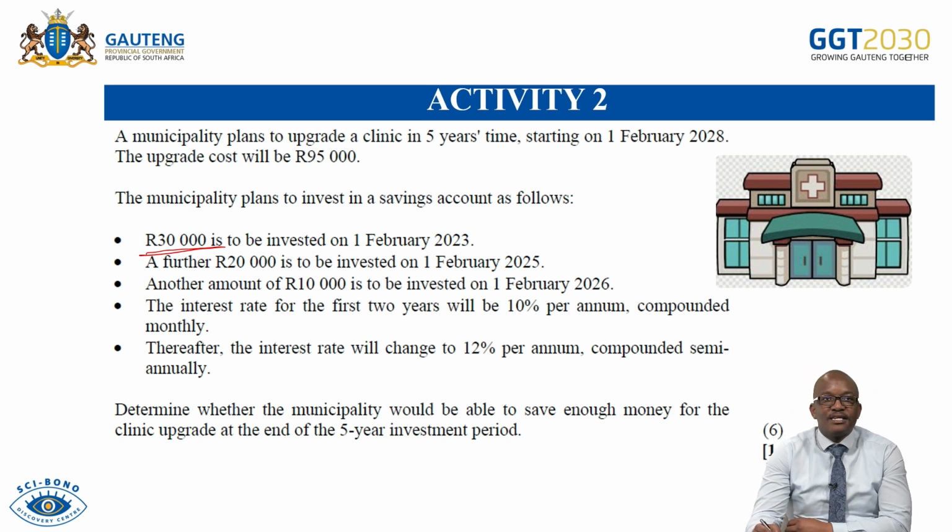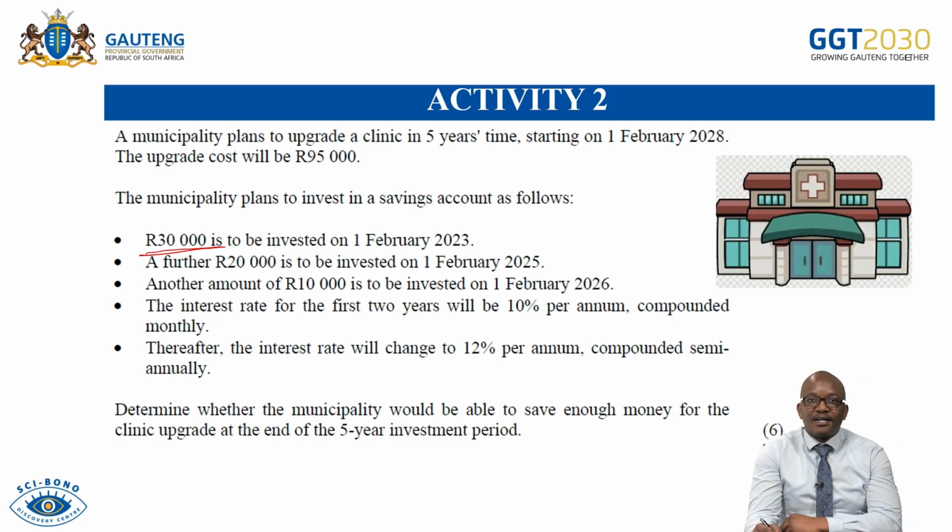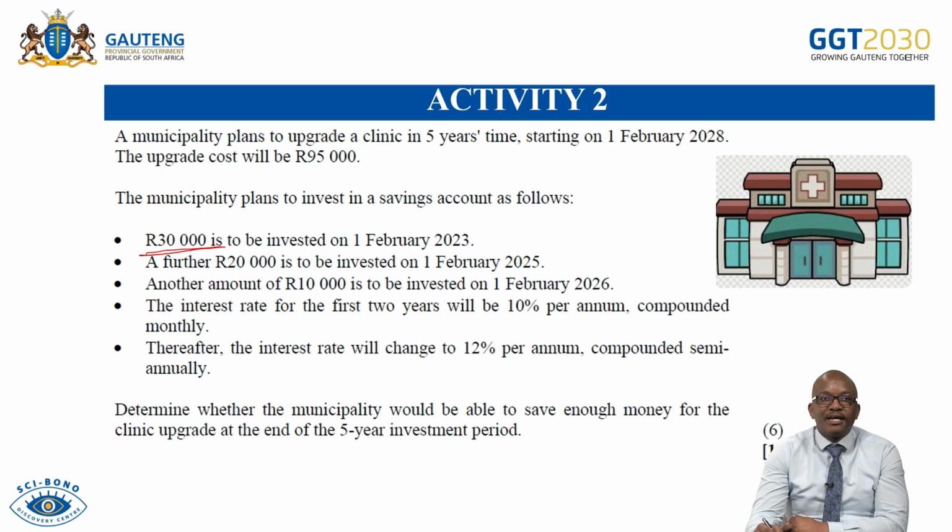The second bullet says a further 20,000 is to be invested on 1 February 2025, correct? Then another amount of 10,000 is to be invested on the 1st of February 2026. Then the interest rate for the first 2 years will be 10% per annum compounded monthly.